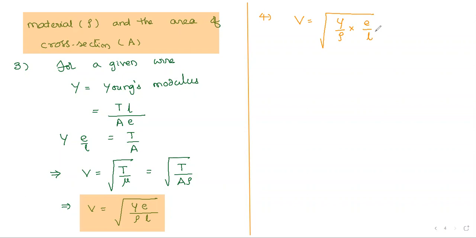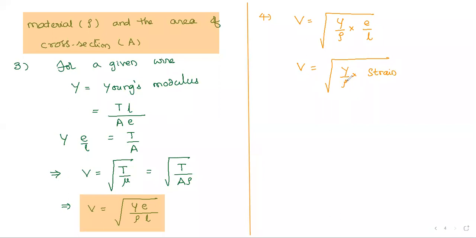Try to recollect: E by L, that is delta L by L, is nothing but the strain in the same chapter, mechanical properties of matter. So shall I write over here Y by rho, that is longitudinal strain? So simply strain.